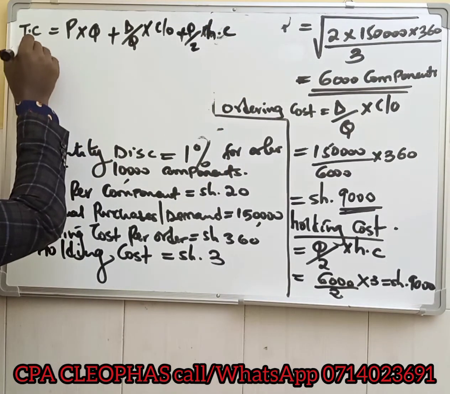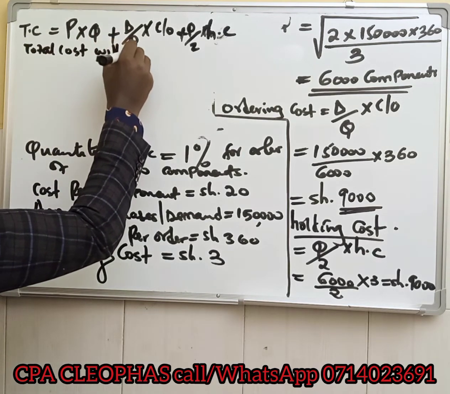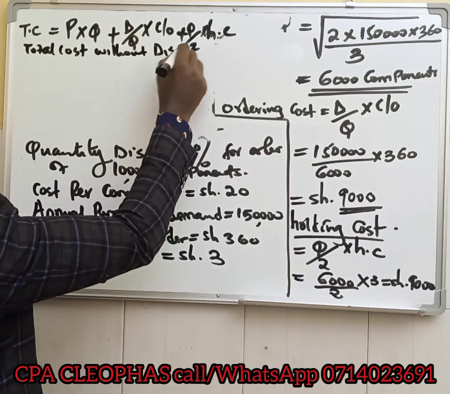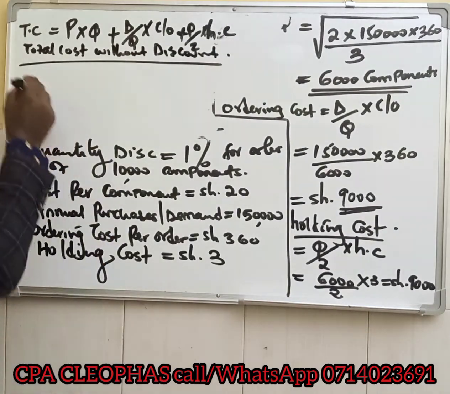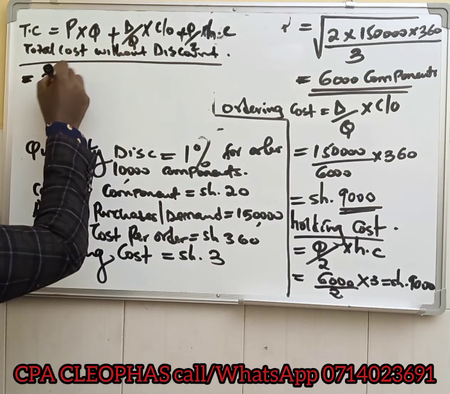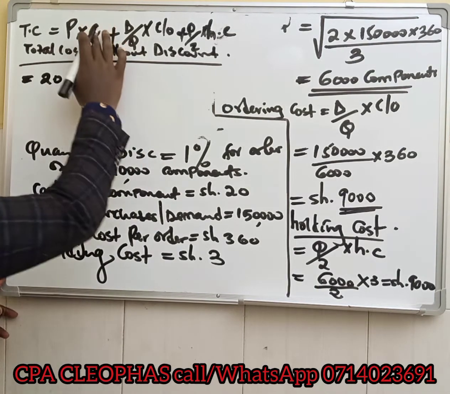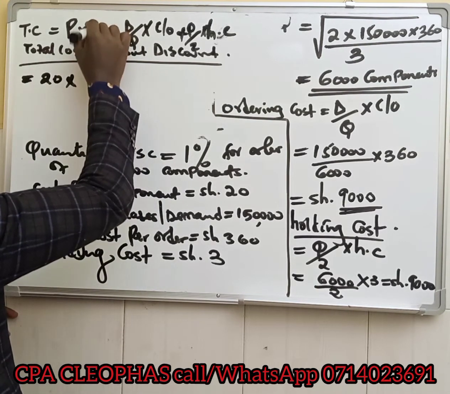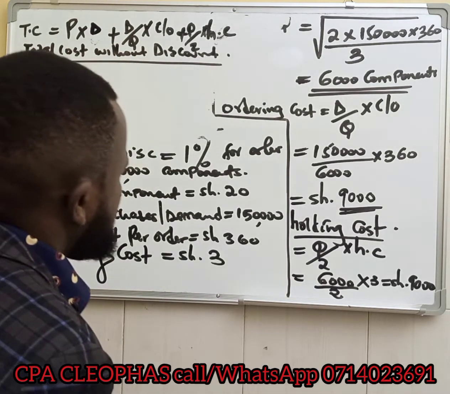Now, let's get total costs without discount. Without discount, the purchase cost per component is 20, so 20 times D, the annual demand.